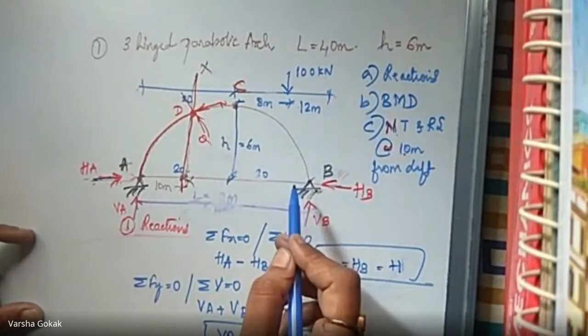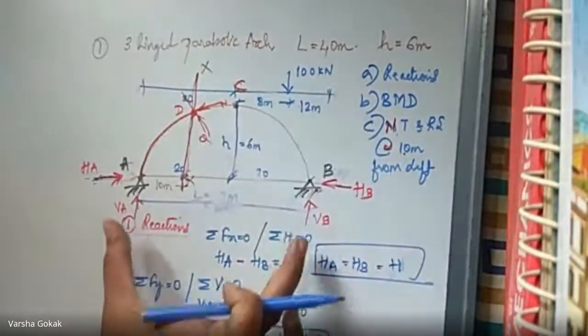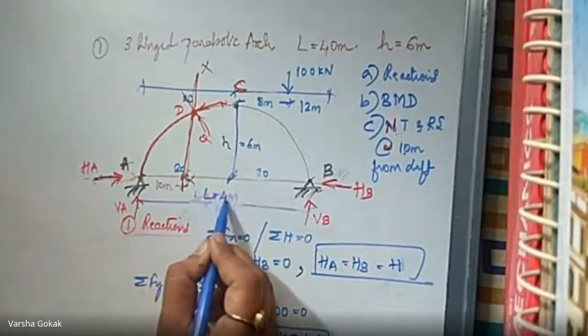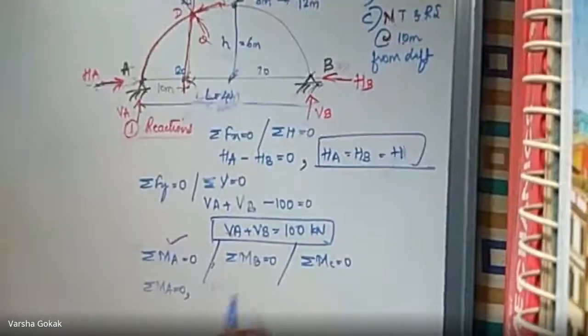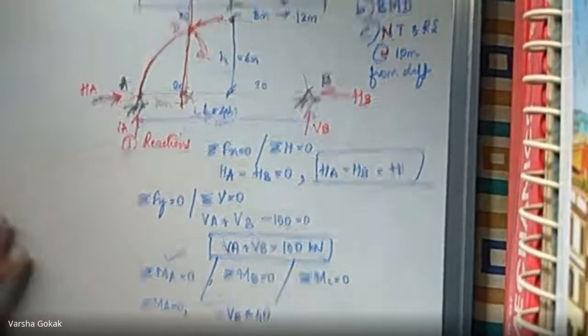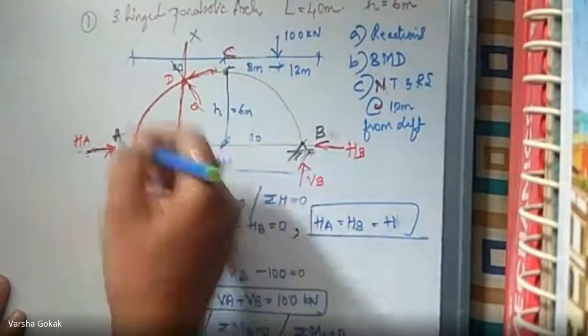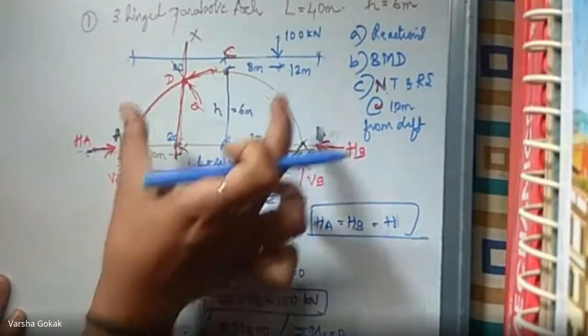VB into the total span. How much is it? 40. And is it clockwise or anti-clockwise? Anti-clockwise. So minus VB into 40, correct? I'm taking moment here, HA and HB are also going through that point only. Then 100 into this distance.